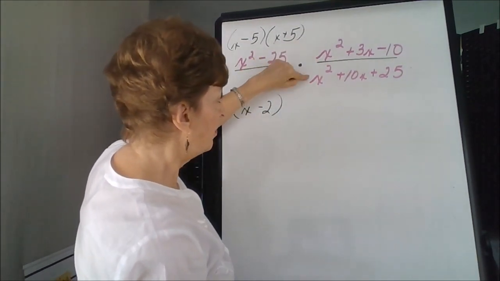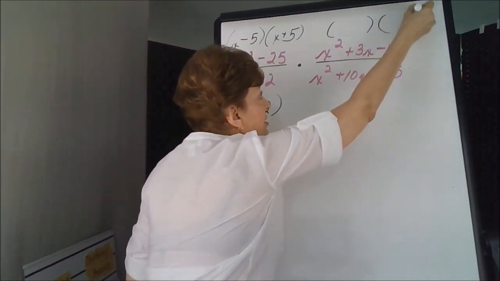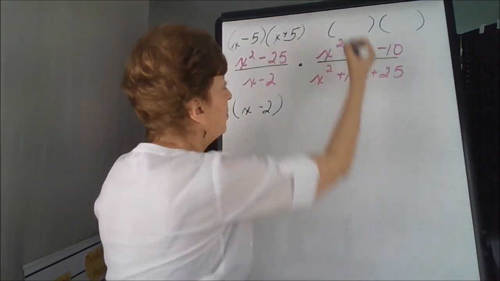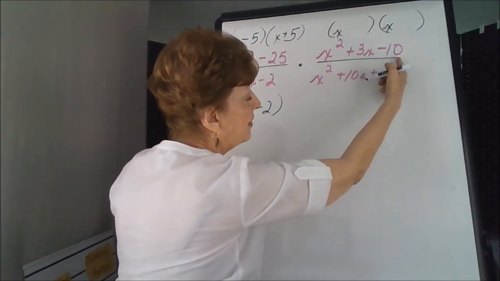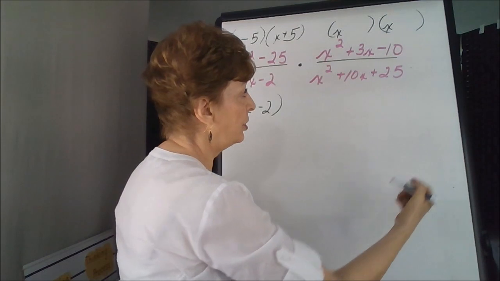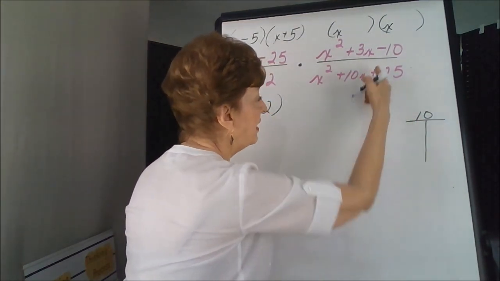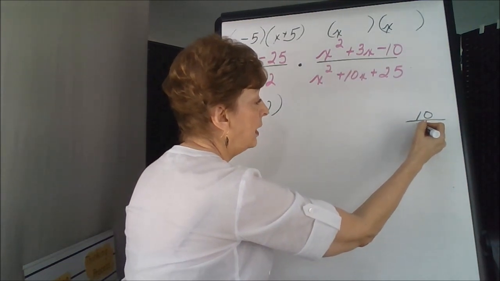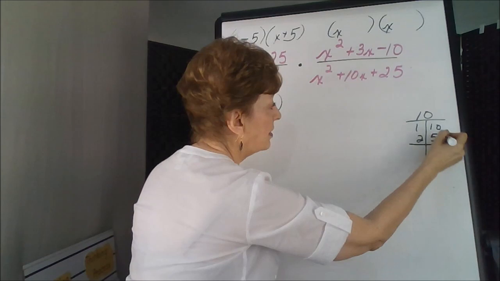Here are trinomials. So these are FOIL factored. Our coefficient is 1 on this, so we know we have an x here and an x there. And then we would have to split the last term. That would be in our T-bar, the 10. We're trying to find a factor that adds back to 3. So 1 and 10, 2 and 5. That works.